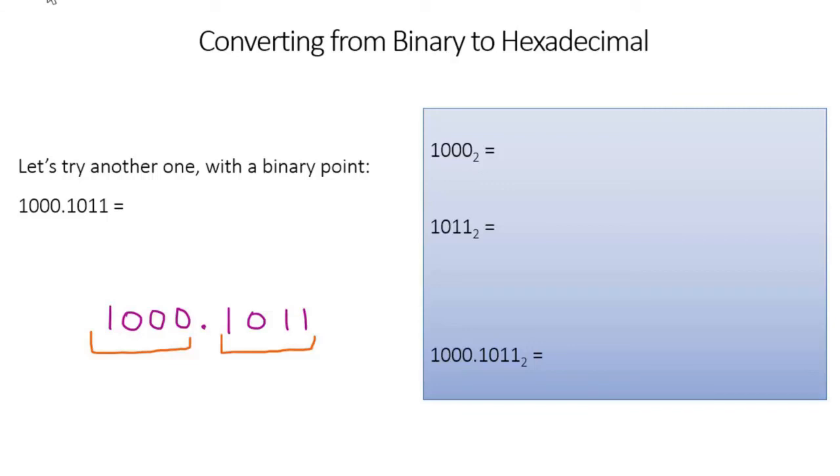Reading this value or taking a look at the comparison table tells me that to the left of the radix point, I have the number 8, and to the right of the radix point, I'll come up either with 11 in decimal, or, of course, in hexadecimal, 11 corresponds to the symbol B. So I have an 8 and a B. Putting those together gives me 8 point B in hexadecimal.